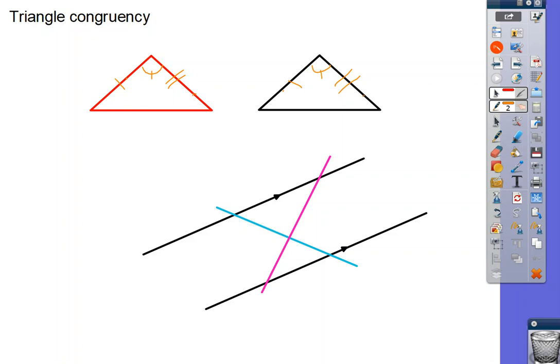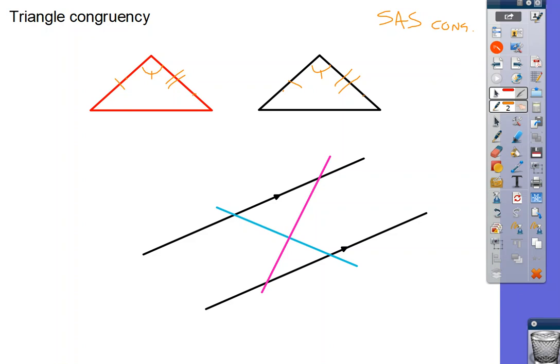And the congruency theorem that would cover this situation would be referred to as side angle side congruency. Because you have a side, an adjacent angle, and then another adjacent side that you know are congruent, therefore the whole triangle will be congruent.